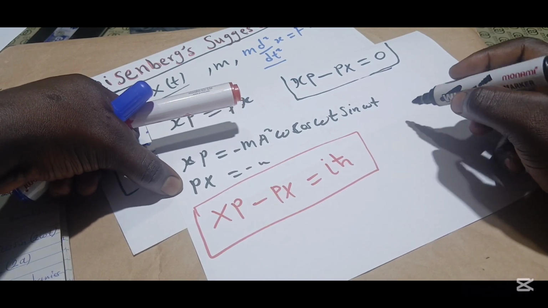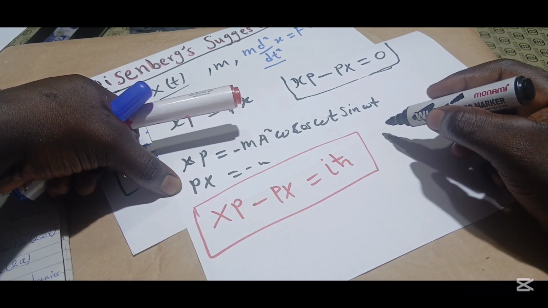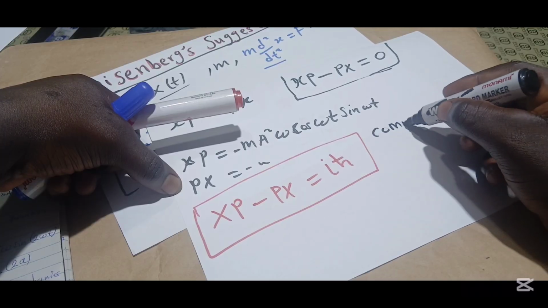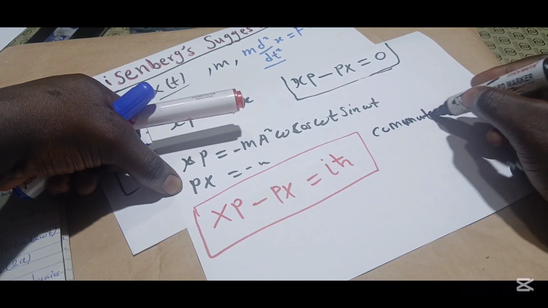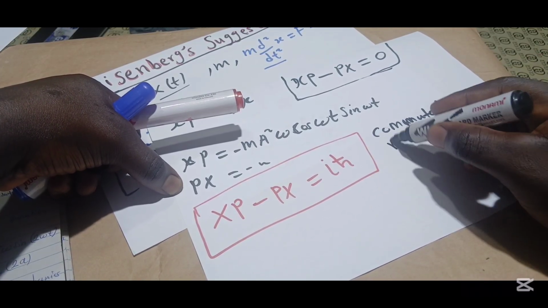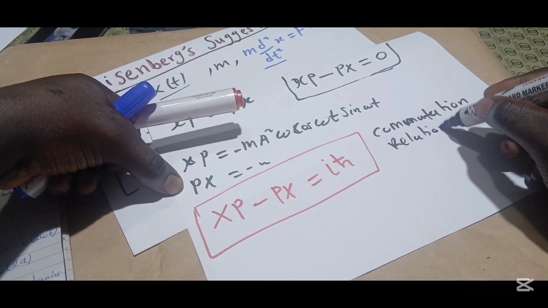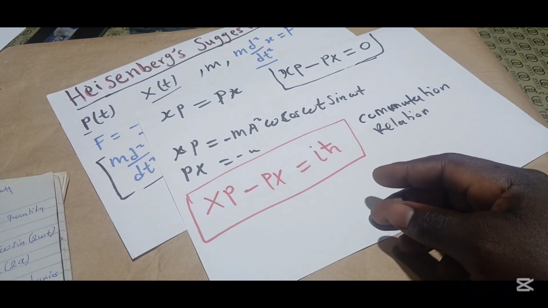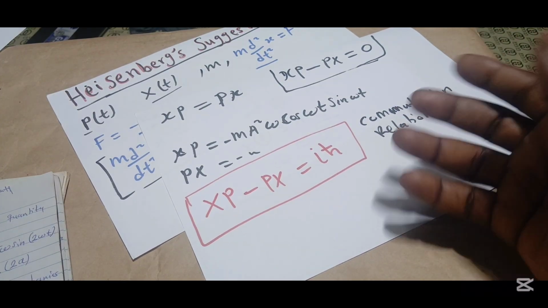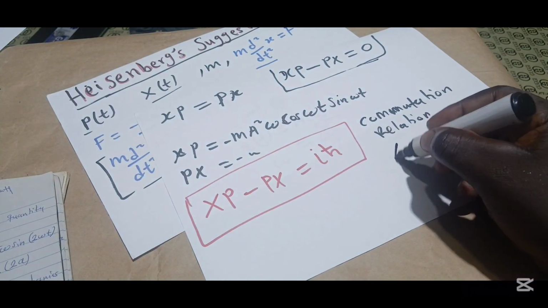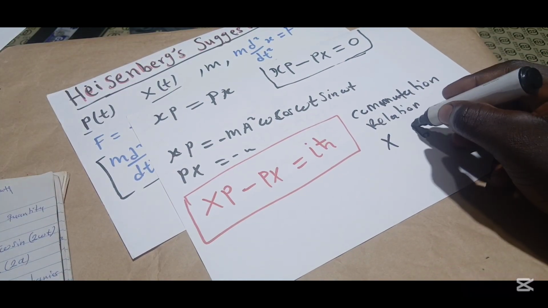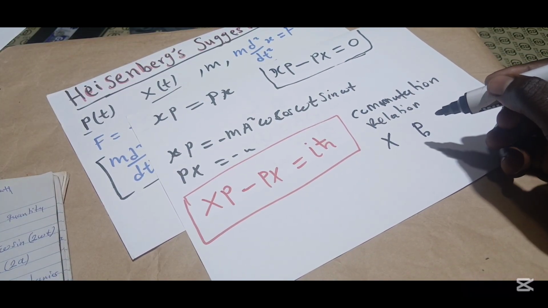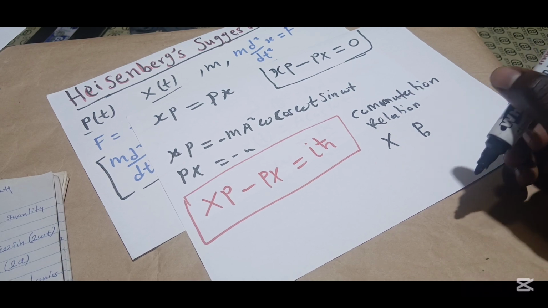You can call this the commutation relation. An immediate major implication of the commutation relation is that x and p, our position and momentum, can no longer be regarded as functions of time.